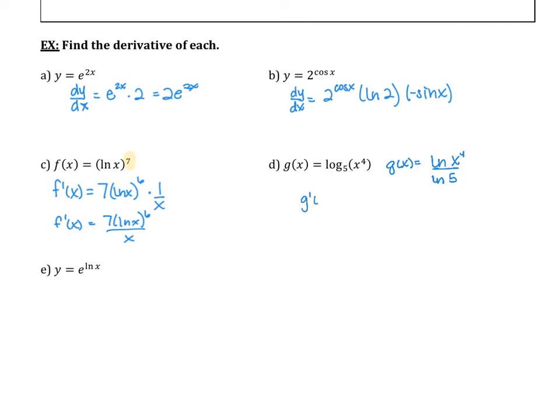So if we take g prime of x, we get 1 over the natural log of 5 times, well, the derivative of natural log of x to the 4th is 1 over x to the 4th. But because of the x to the 4th, I would have to have a chain there, so I'm going to multiply that by 4x cubed. So a simplified answer would be 4 over x times the natural log of 5, because I can reduce my x to the third and x to the fourth.